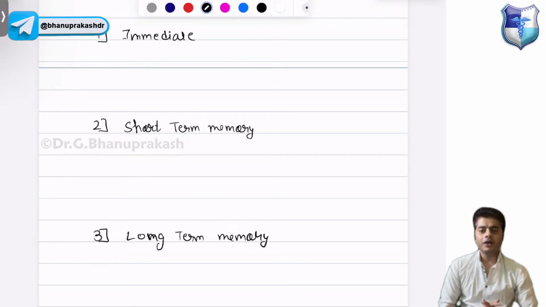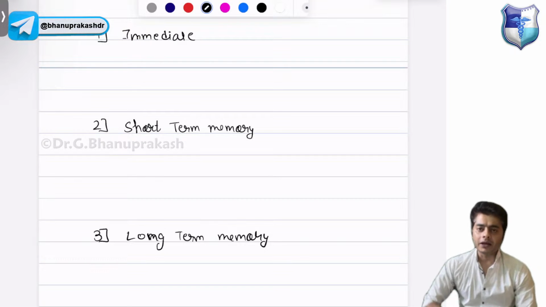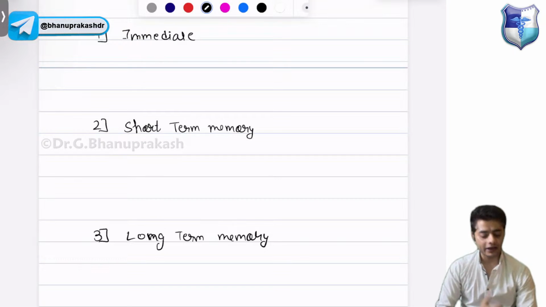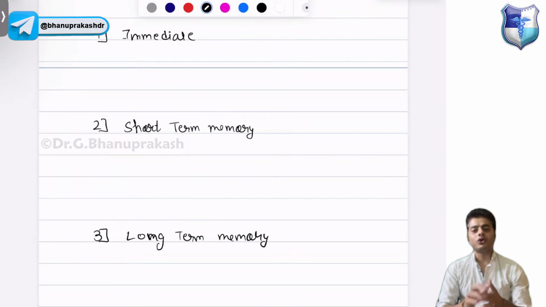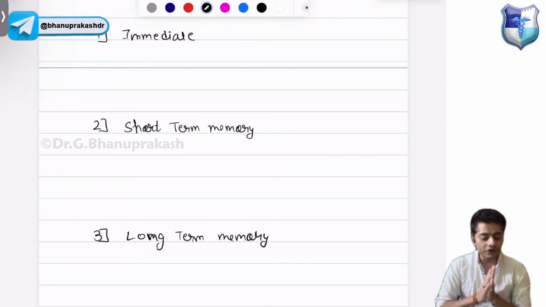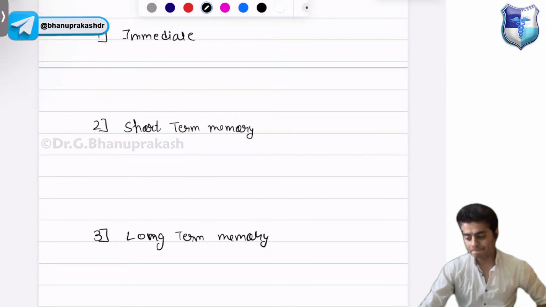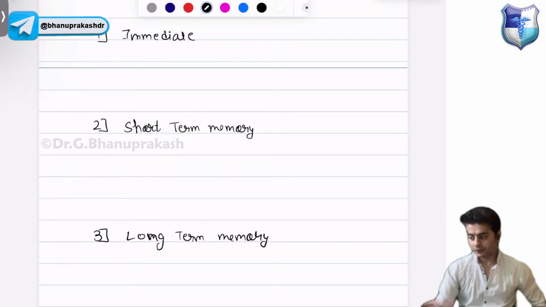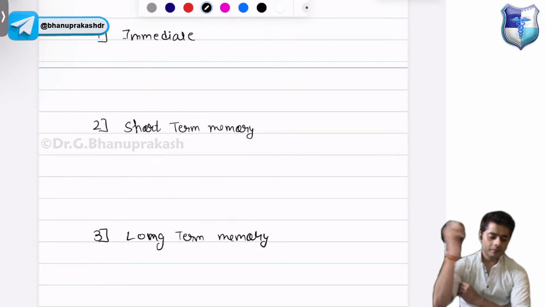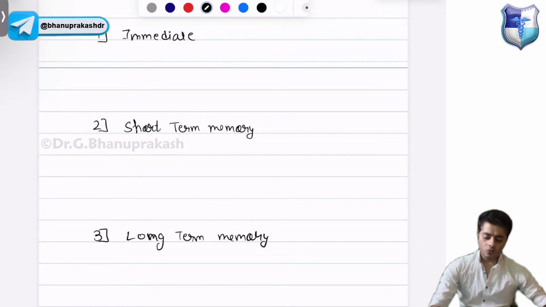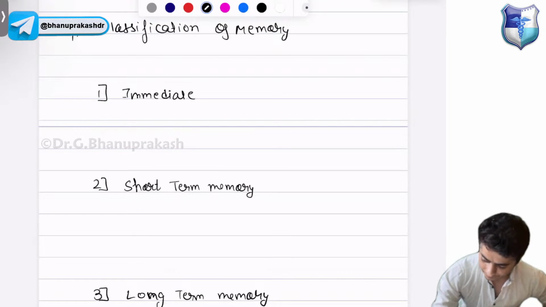So can anyone tell me what you understand by the terms immediate memory, short-term memory, and long-term memory? Hello, Dr. Harris, how are you? So anyone, what do you understand by the term immediate memory?